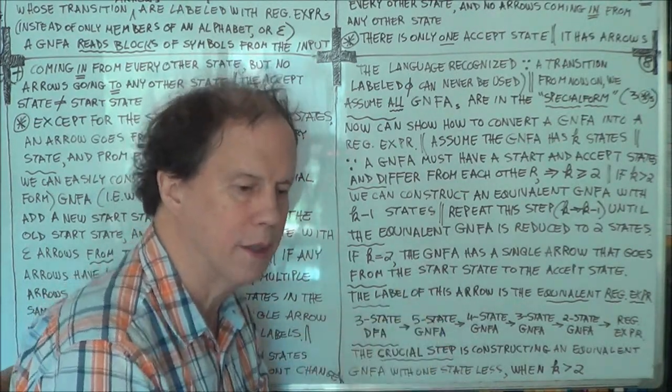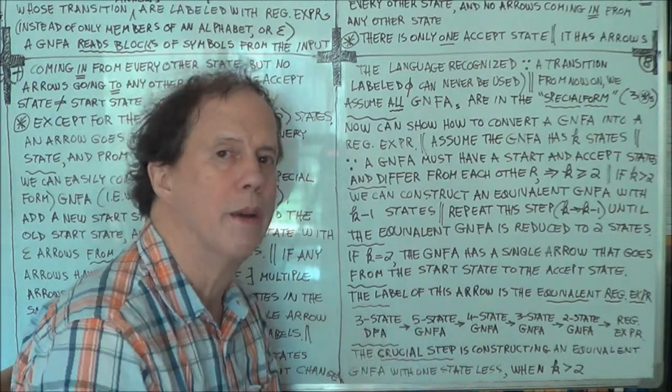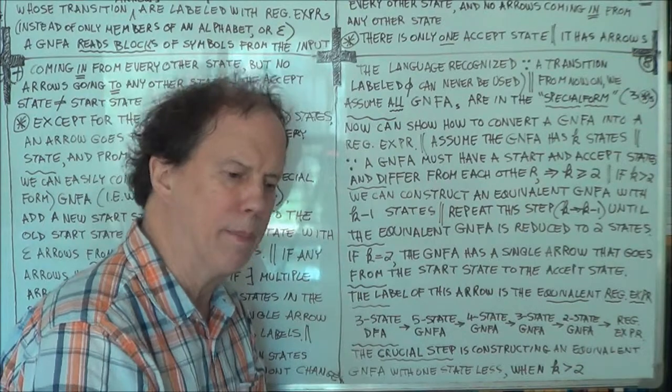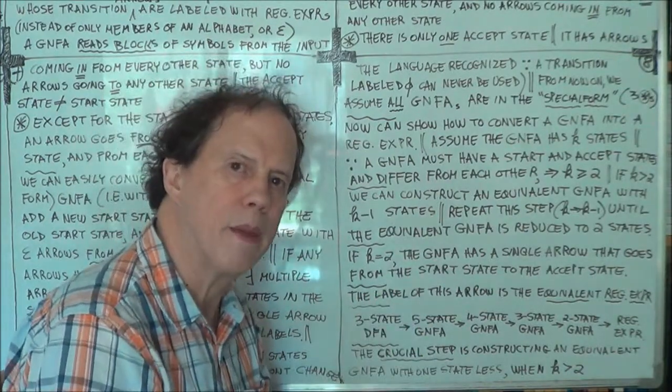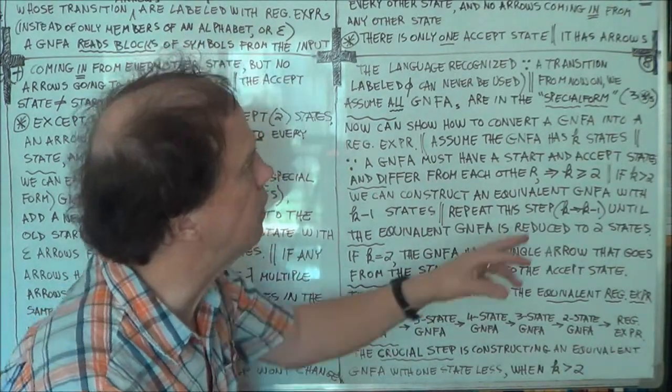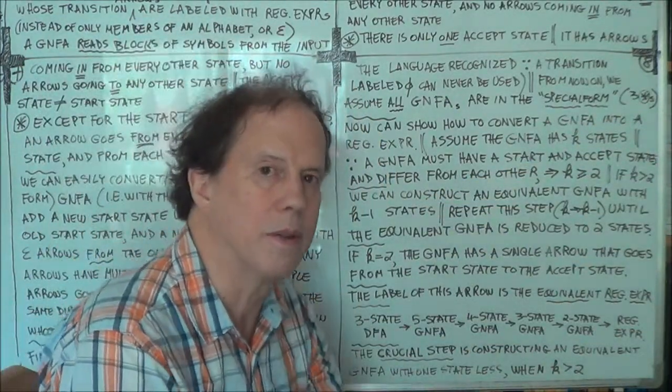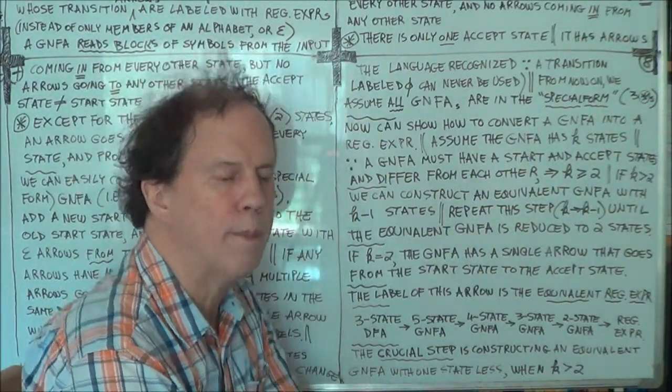We'll go into details later, not here, but I'm just trying to give the idea. That can be done with GNFAs, and one of the reasons for imposing these three constraints is to allow that to be doable.